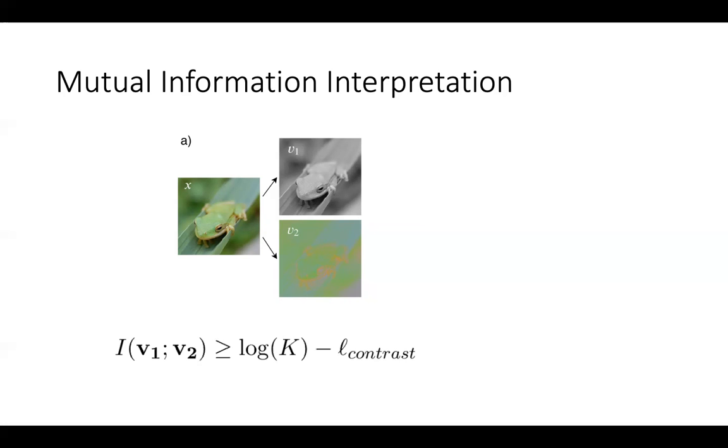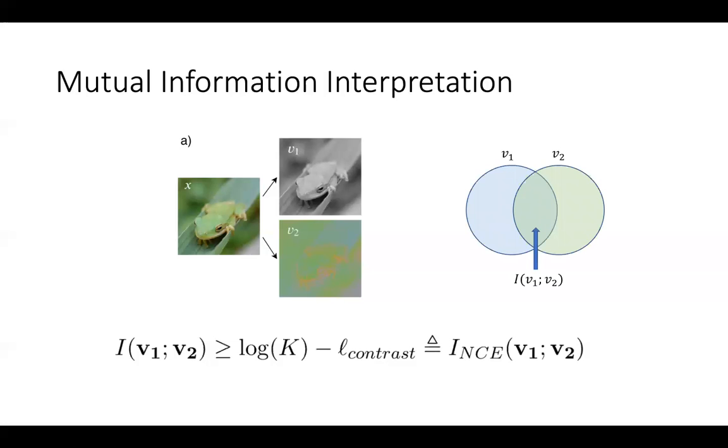Actually, minimizing the contrastive loss is trying to maximize a lower mutual information bound, which is called the NCE mutual information bound. So minimizing the contrastive loss equals maximizing mutual information between two views. That is to say you are trying to contain the information bits that are shared by two views. You are trying to squeeze those information bits into the latent representation.